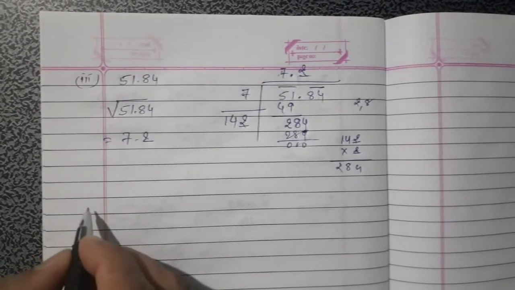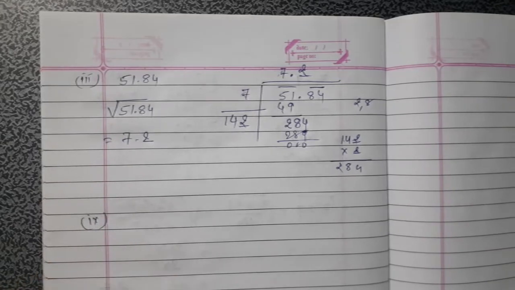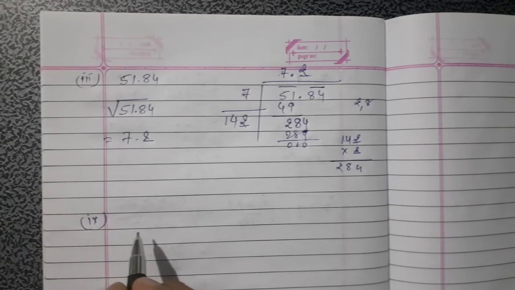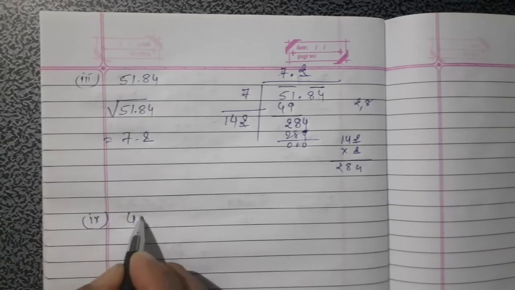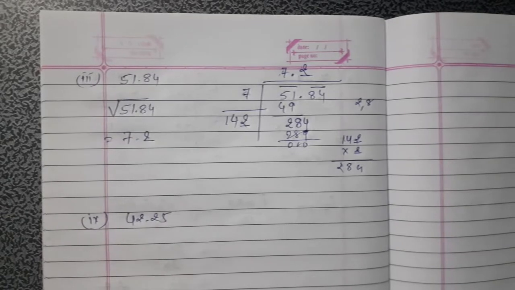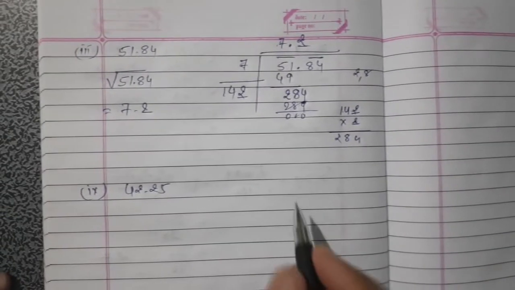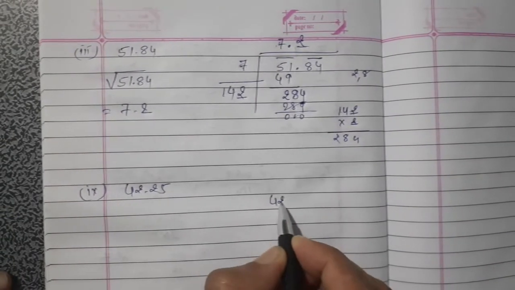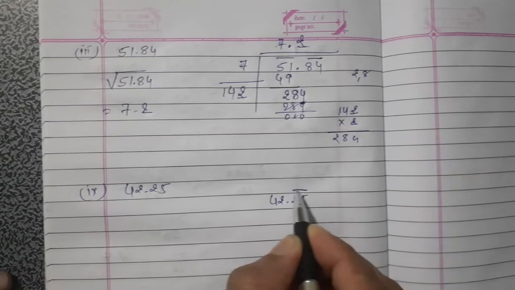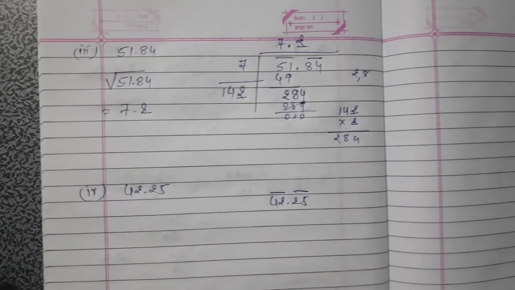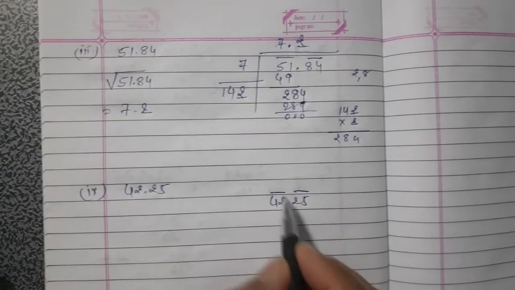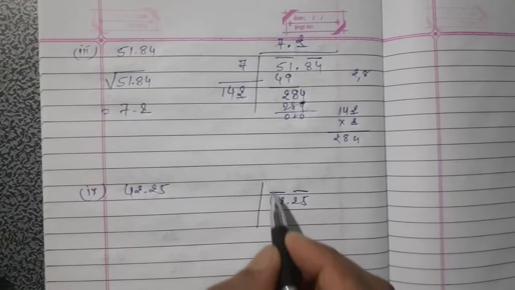Okay, look, the fourth one, same, that is 42.25. Same here, make pairs and put a bar on those pairs and start.